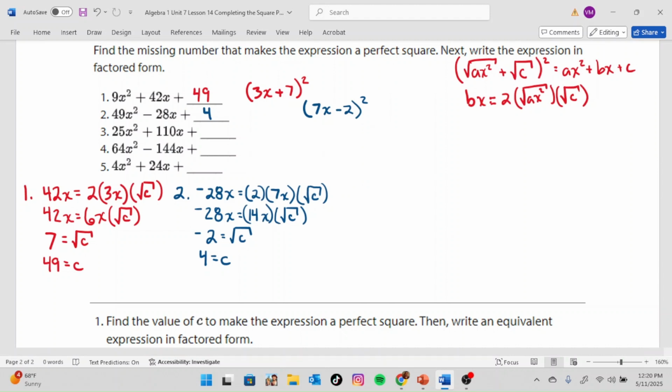Let's double check the answer. 7x times 7x is 49x squared. 7x times -2 is -14x, times 2 is -28x. And -2 times -2 is +4. These are the correct answers for number 2.